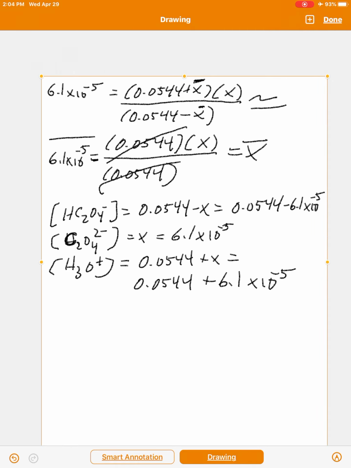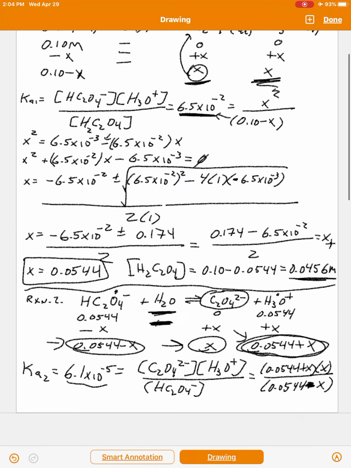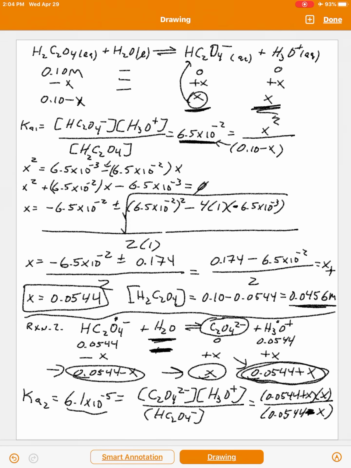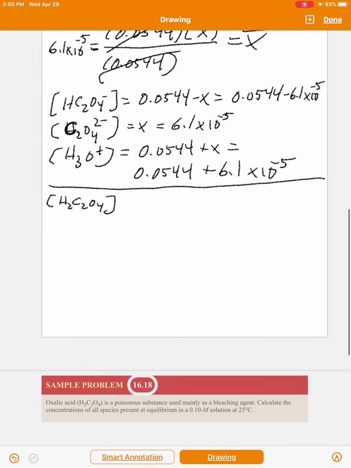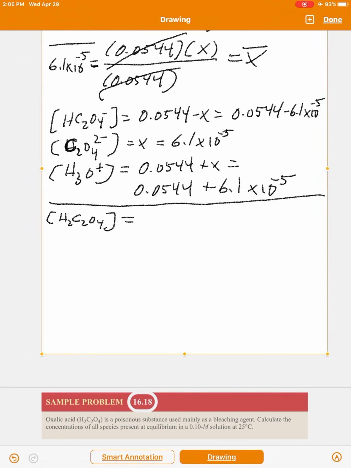We can calculate everything. There's 4 substances. There's the original acid, H2C2O4, and we did that earlier. Okay? We figured out that H2C2O4 was this right here, 0.0456, which, quite frankly, is 0.046 molar, 2 sig figs.